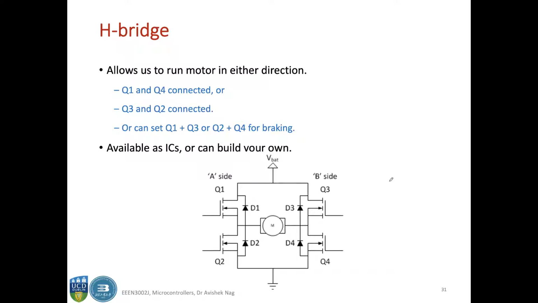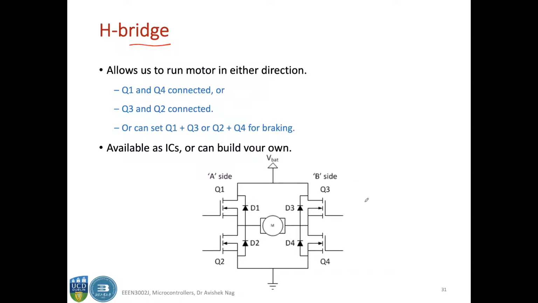Okay, so now the concept here is to drive this motor by appropriately interfacing it with your microcontroller. So to do that, there is an interfacing circuit which is called the HBridge. Okay, so the HBridge allows the motor to run in either direction.